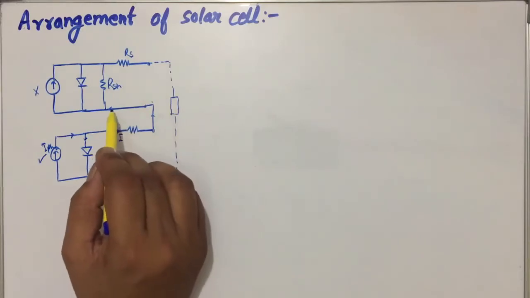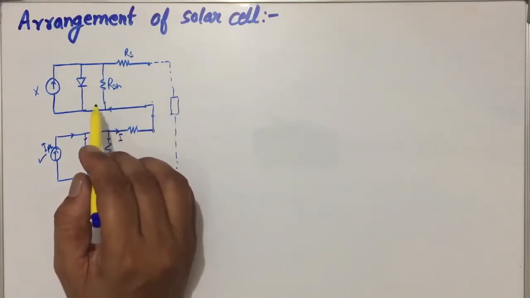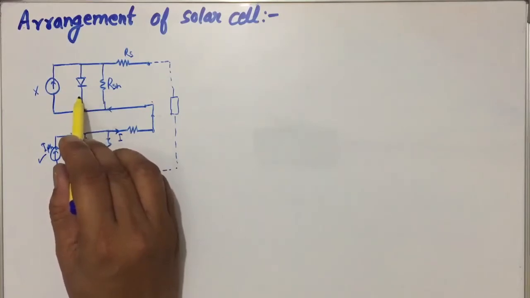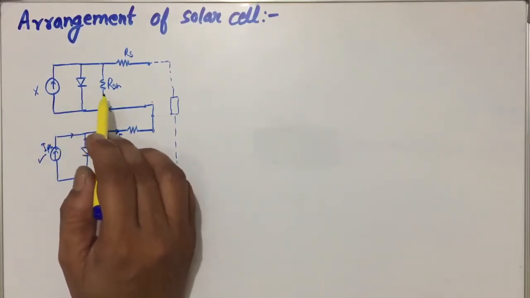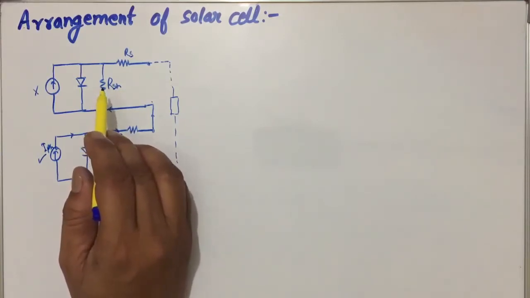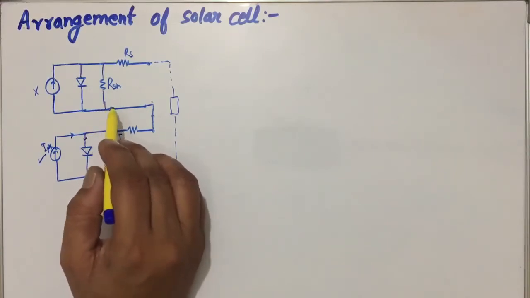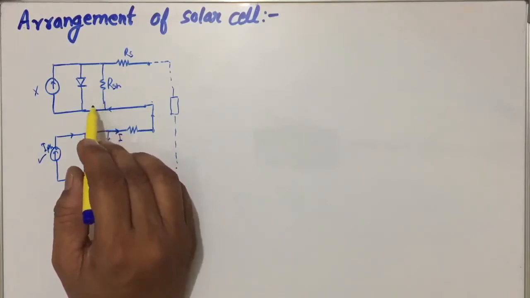After that, when this current reaches here, it has three alternative paths. First is through the R shunt, second is this one, third is this one. Come to this path: the resistance value is very high, so the current will not be able to pass normally.